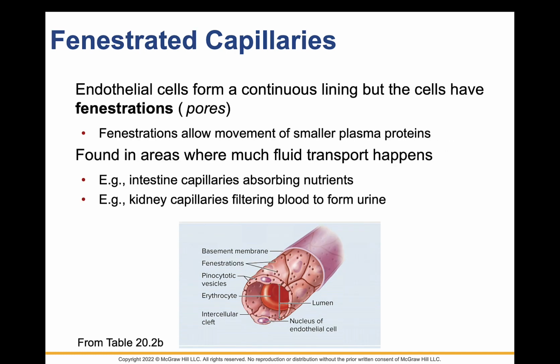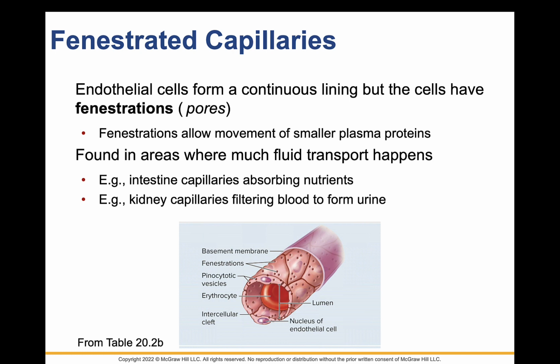Then we have fenestrated capillaries. Now we're looking at cells that have a continuous lining, but there are fenestrations, or pores. These fenestrations allow the movement of smaller plasma proteins, but also some other particles. So it is important to remember that wherever we're looking at fluid transport or filtration, this is where we're going to find fenestrated capillaries.